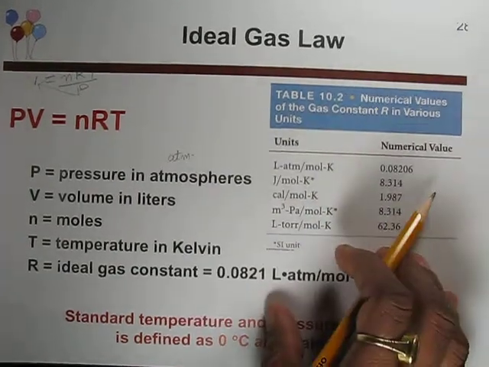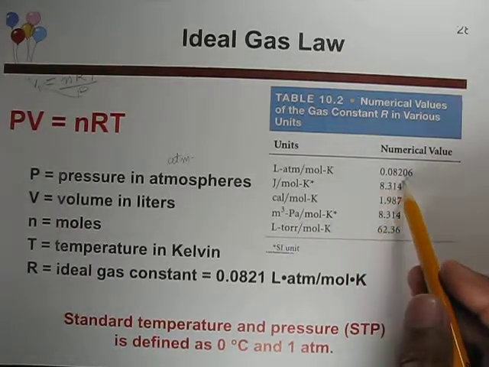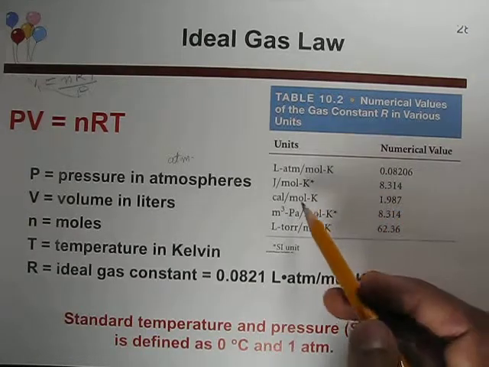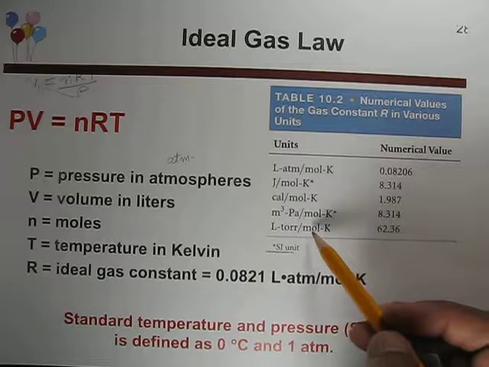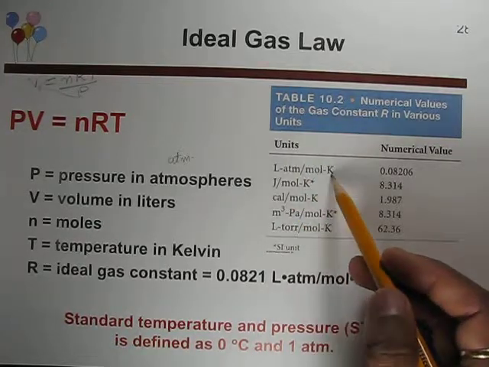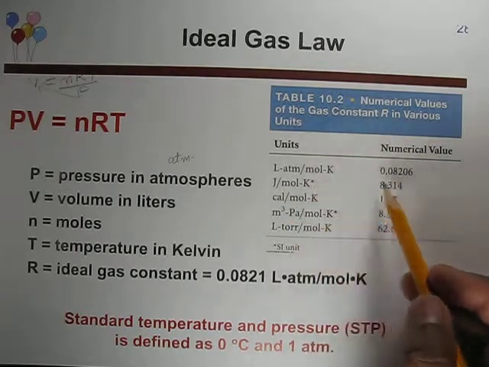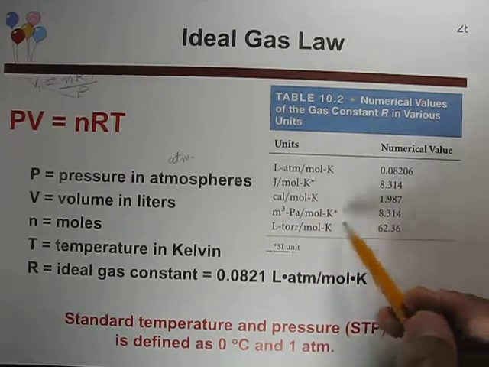R value could be different, it can be in 5 different ways, 1, 2, 3, 4, 5, using different units. So in the case of liter atmosphere per mole Kelvin, this value will be used. Joule per mole Kelvin, this value will be used. Calorie per mole Kelvin, this value will be used.